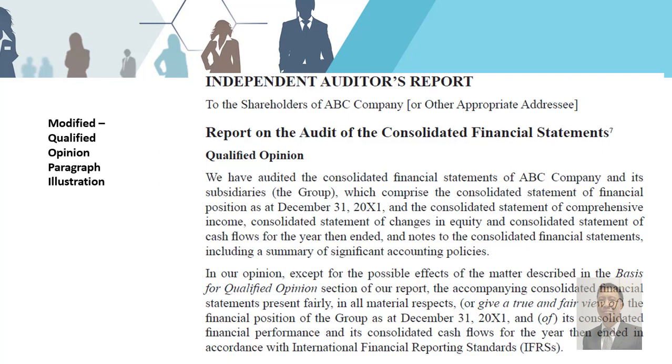So there is another section which states the reason why they qualified the opinion. Except for that basis for qualified opinion, everything else will be fairly presented and complied with the accounting framework.